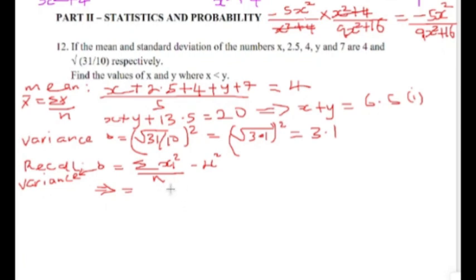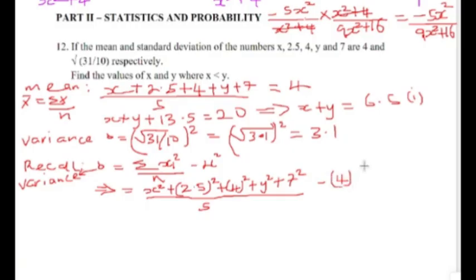This gives us x squared plus 2.5 squared, plus 4 squared, plus y squared, plus 7 squared, everything divided by 5, minus the mean squared, which is 4 squared.